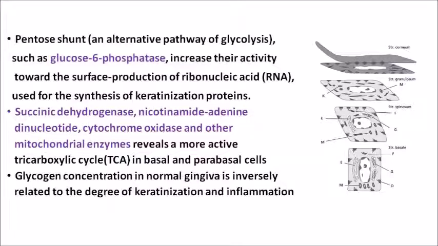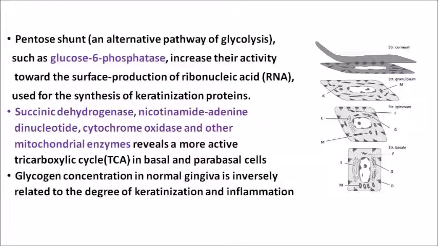Another question is about the metabolic pathways happening in these cells. The pentose pathway, which is an alternate pathway of glycolysis, and enzymes such as glucose 6-phosphatase, which is involved in the pentose pathway, will increase their activity towards the surface.